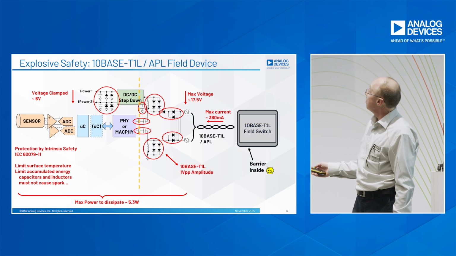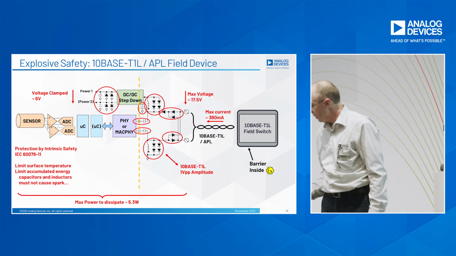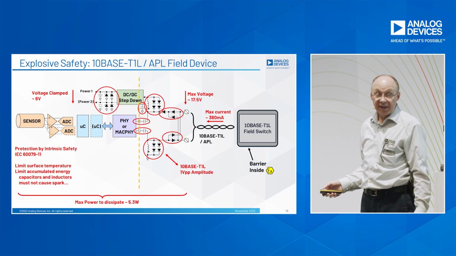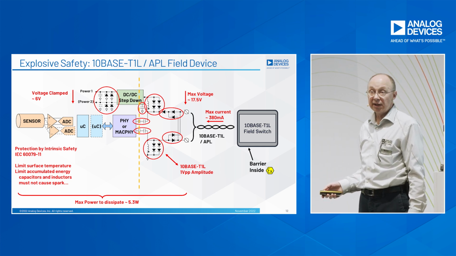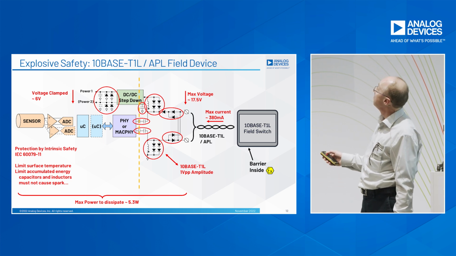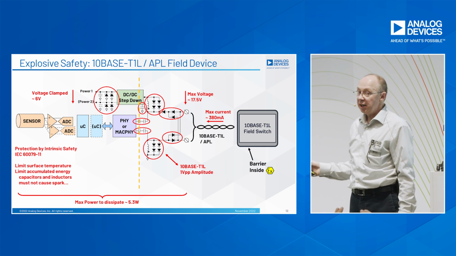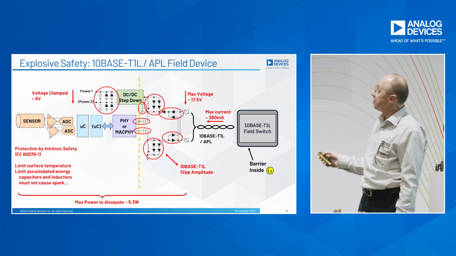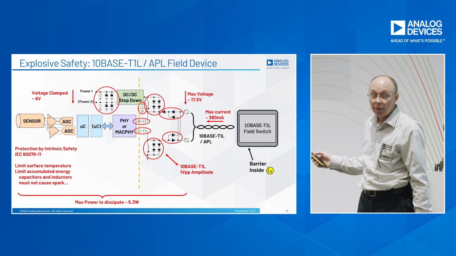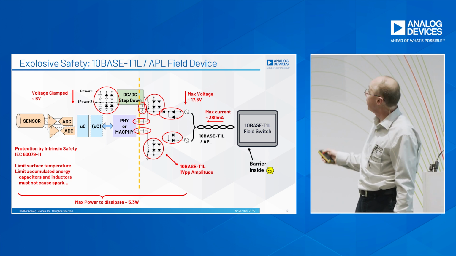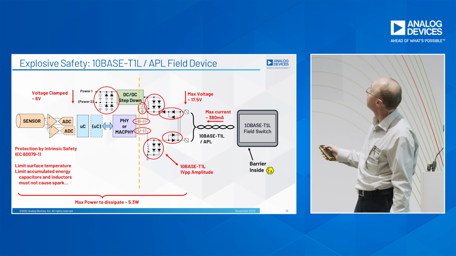Now, if we compare with the APL device, the philosophy and the techniques around are very similar, if not the same. The APL specifications specify how much power the 10BASE-T1L spur port can deliver. So the intrinsically safe barrier is now effectively built inside the switch.